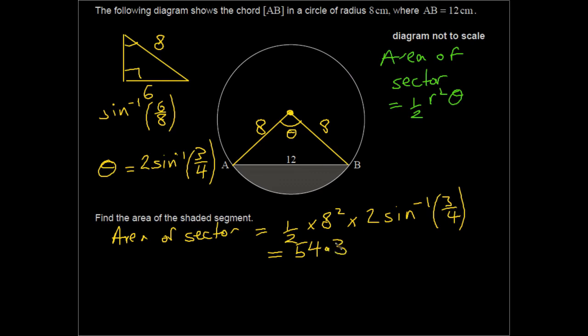Okay, what I'm going to do next is work out the area of the triangle. I'm going to use the area of the triangle formula, which is 1/2 AB sine C. So the area of the triangle is equal to 1/2 AB sine C. A and B are 2 sides, and C is the angle in between.